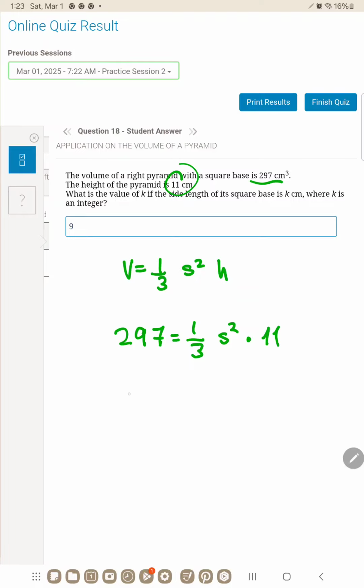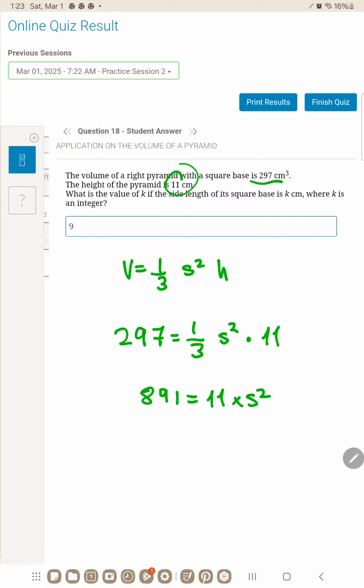So you do 297 times 3. 297 times 3 is gonna give us 891. By the way, 297 times 3, because when you move this to the other side, 297 divided by a third is the same as 297 times 3. So 891 equals 11 times side squared.